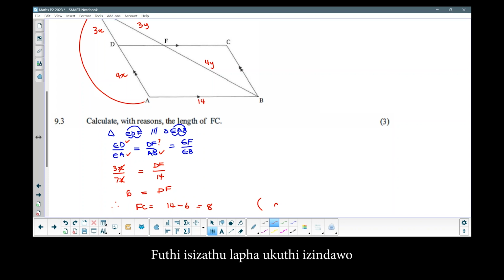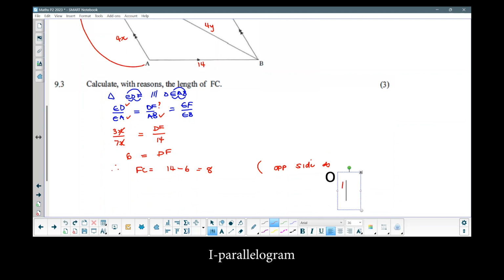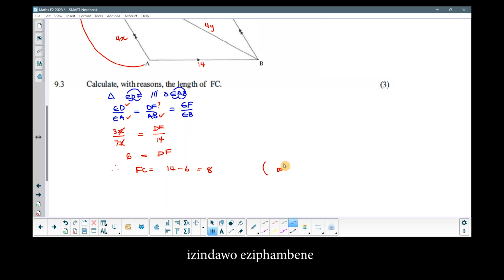And the reason here is opposite sides of a parallelogram are equal.